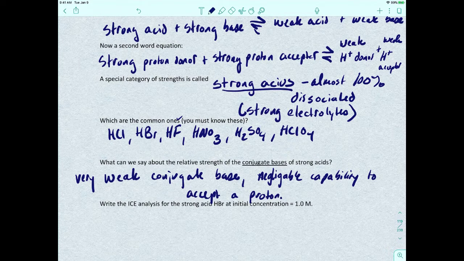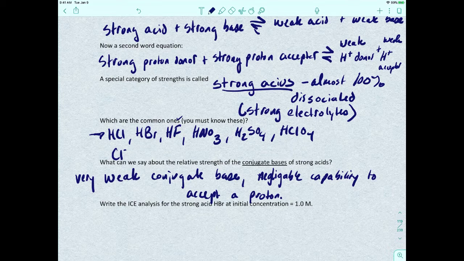Let me give you an example. If we go back to HCl, that's the acid. The conjugate base of HCl is the chloride ion. What I'm saying with these last couple statements is this: HCl is a very strong acid. You deprotonate HCl, so now you have the chloride ion.